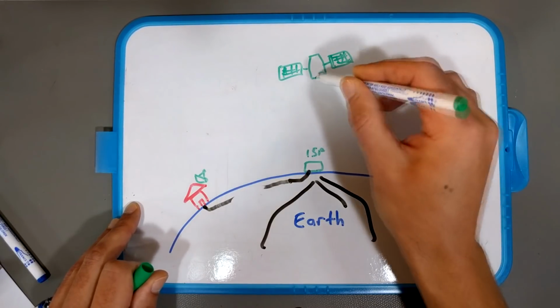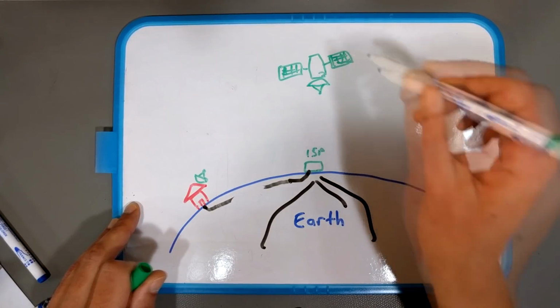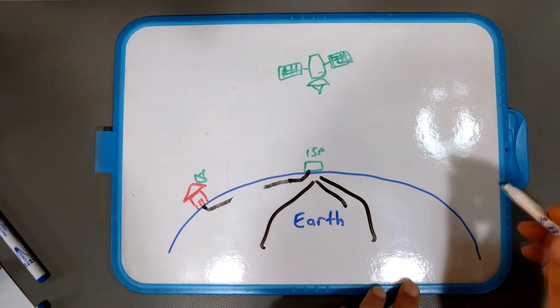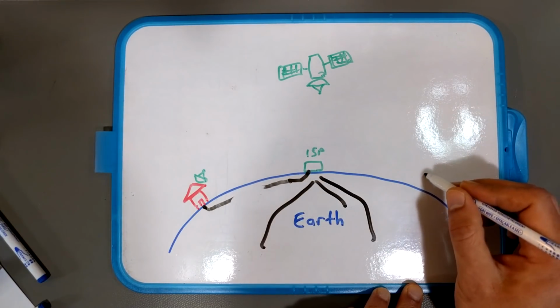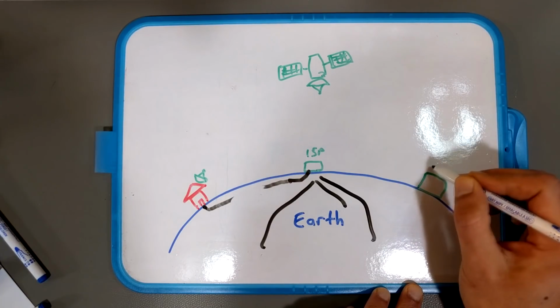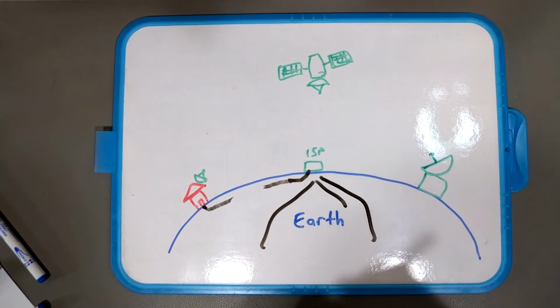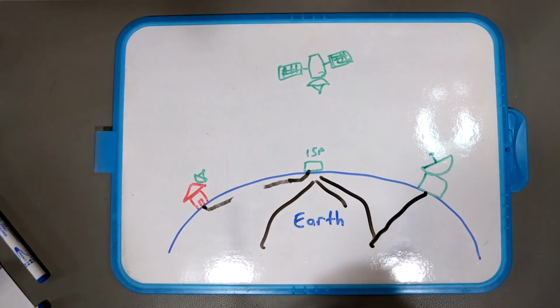Literally, it's a satellite up in space, and we'll draw it like some sort of, yeah, that's not what they look like. And then way over here, possibly in another country, you have the receiving station, which is connected to the global internet.